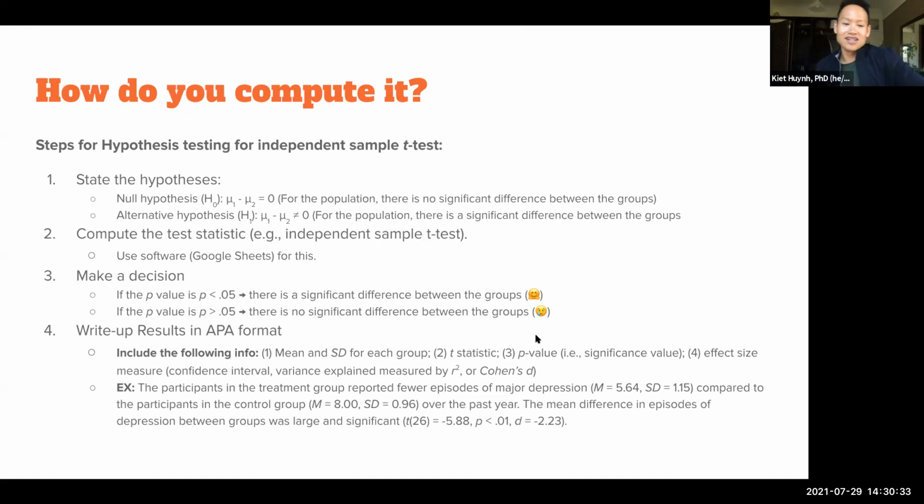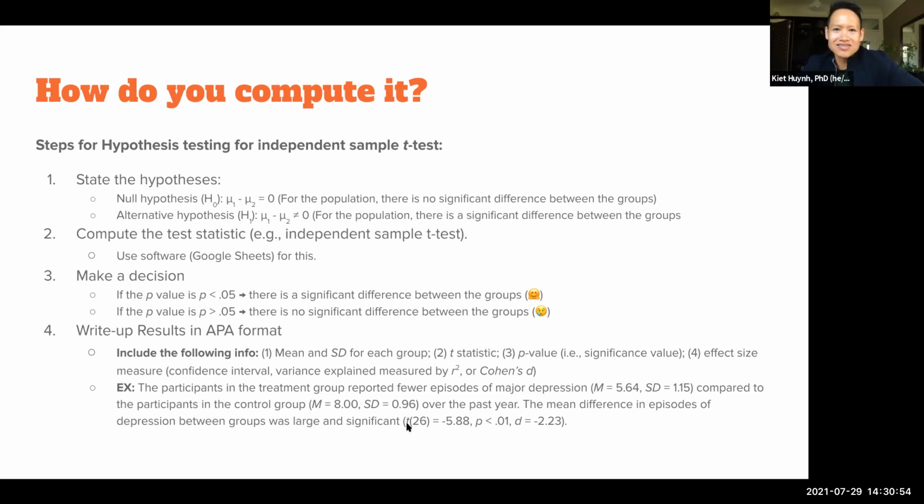A lot of times whether your study gets published or not, you can do a research project for months or years, and it could come down to a single p-value. It comes down to whether the medication improved depression or not, or whether exercise improves sleep or not.